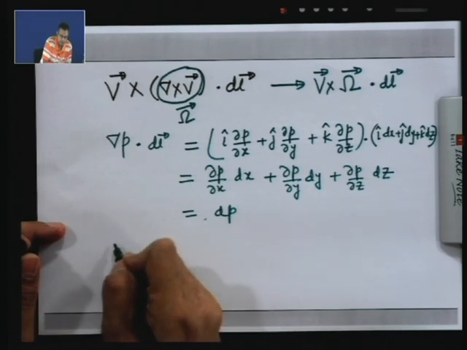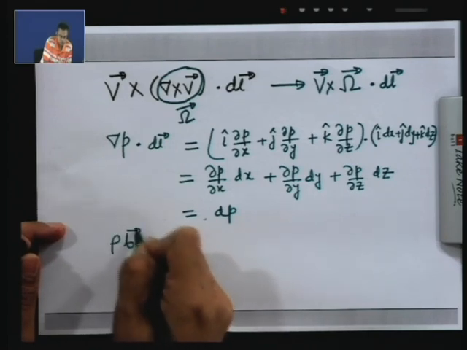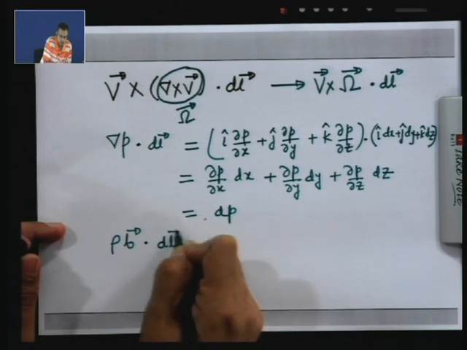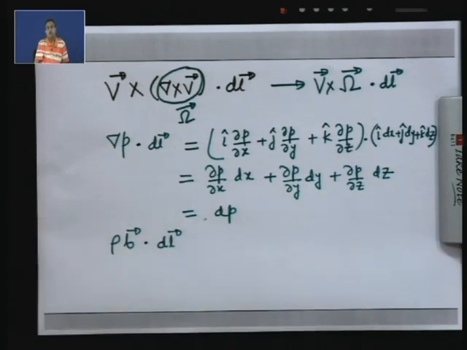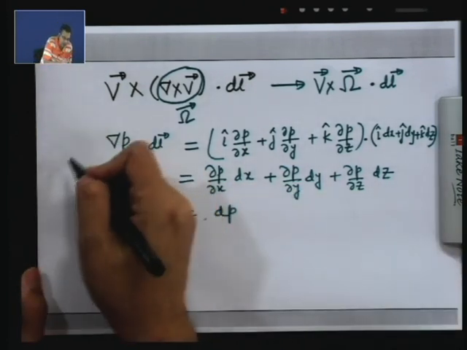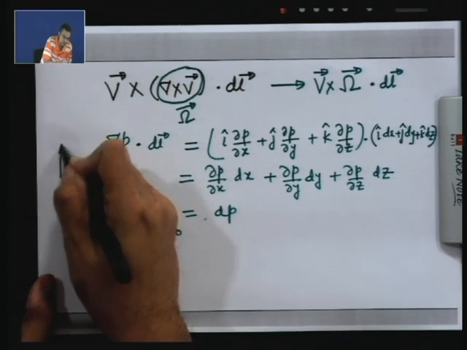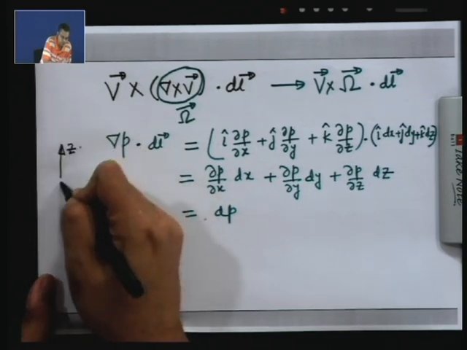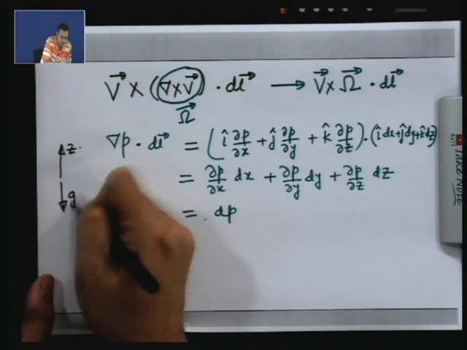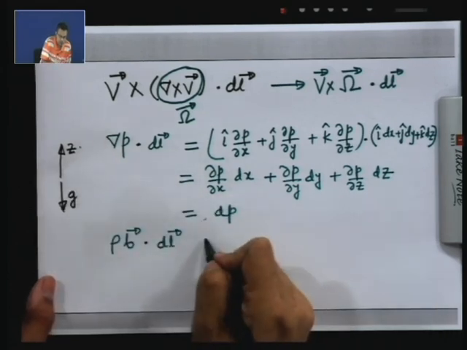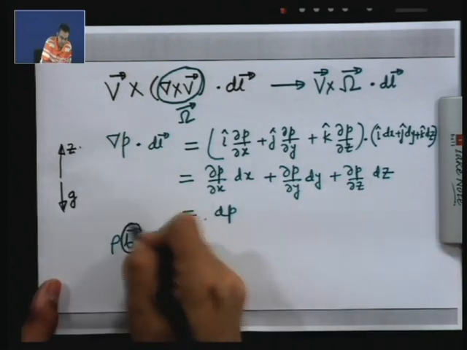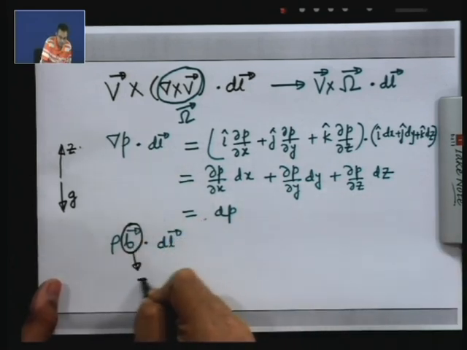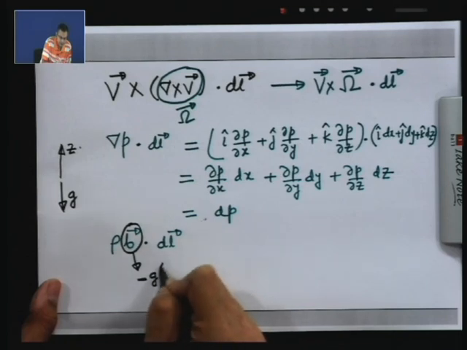Last term, rho B dot dl. Now, what is the body force? There could be several body forces acting on the system, but let us just assume that the only body force is due to gravity, and gravity acts along the negative z direction. So, this is the positive z and gravity acts along the negative z. So, B is nothing but minus g k.